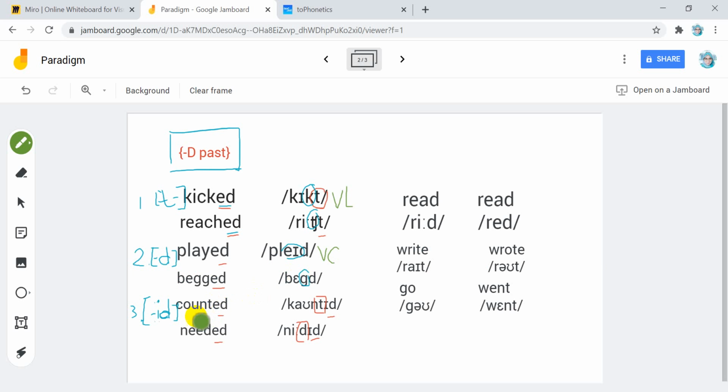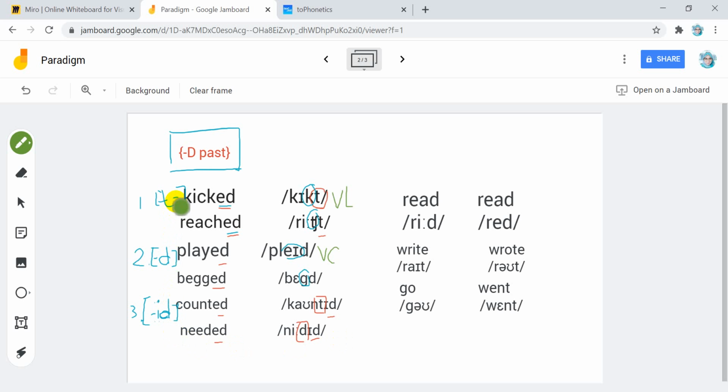What about if it ends with ed? Is it because of sibilant sounds? No. It's because the last sound ends with the and the. So the ed ending will be pronounced as it. So that is the third paradigm for past tense.